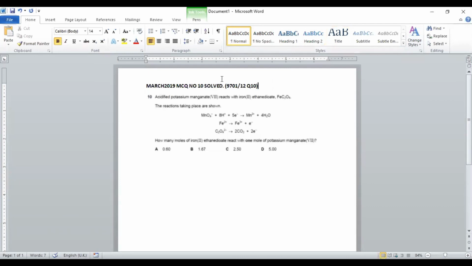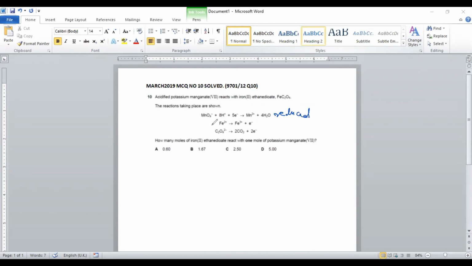Okay, look, this equation. This is a question in which acidified potassium manganate(VII) is used. This is a very important question. I think you should memorize it because it comes almost every year. This is being reduced.